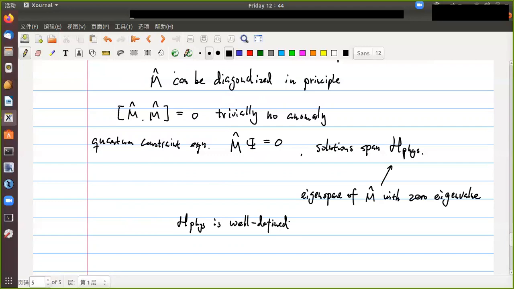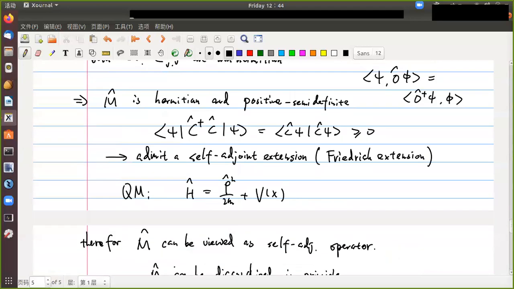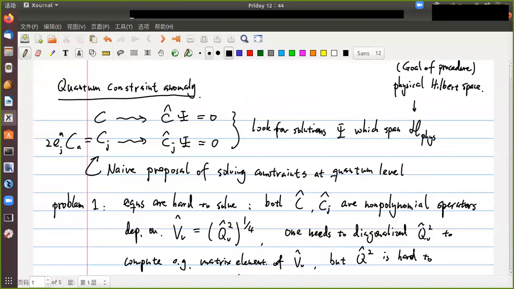Let's review the naive procedure. We define individual constraint equations for an infinite number of Hamiltonian constraints and an infinite number of diffeomorphism constraints, and we have to look for common solutions. Firstly, it is difficult, and secondly, it is not even well defined because all those operators are not self-adjoint operators. They are not even Hermitian.